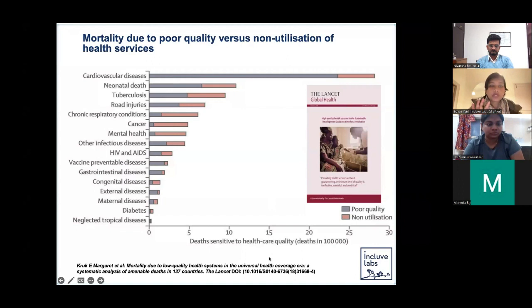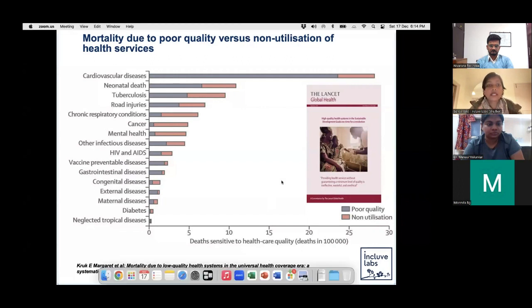So they calculated how many deaths were happening which could be prevented. How many deaths could be prevented if people had good access and good quality care, right? And so how many deaths were overall amenable to having healthcare? And then they divided into how many were amenable to good quality healthcare and how many were amenable to access to care.